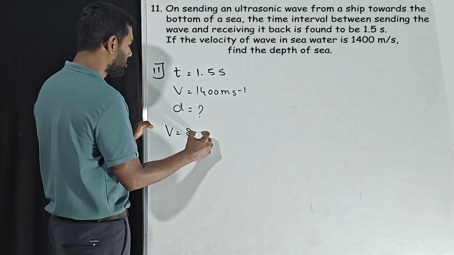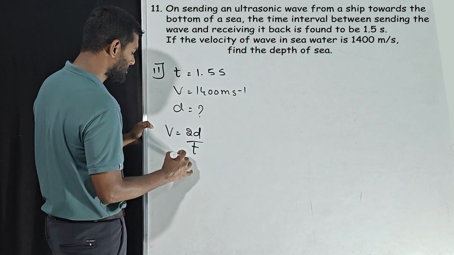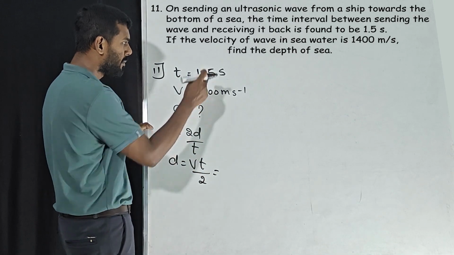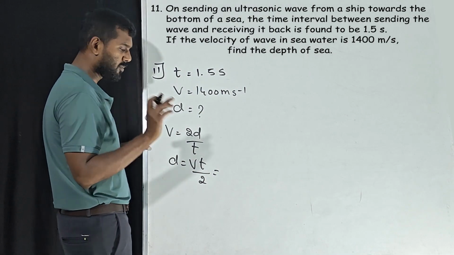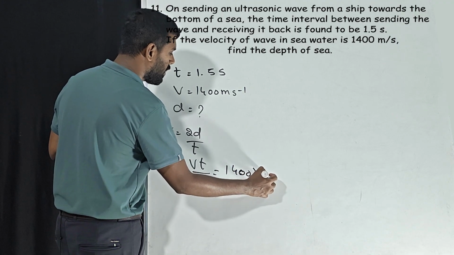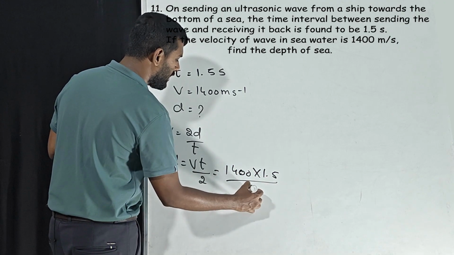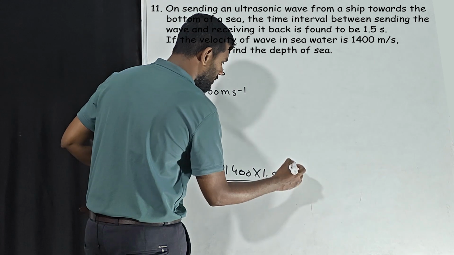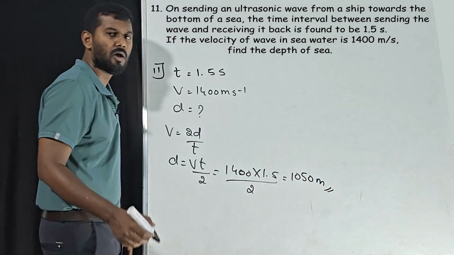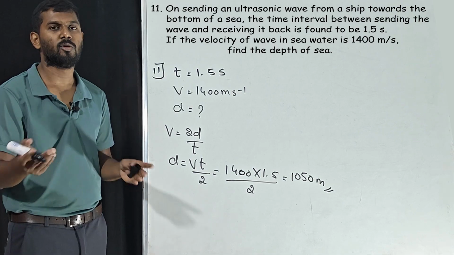So velocity is equal to 2d by t, d is equal to vt by 2. Substitute the values, make sure all of them are in proper SI units. 1400 into 1.5 divided by 2, so this will be nothing but 1050 meters or 1.05 kilometers.